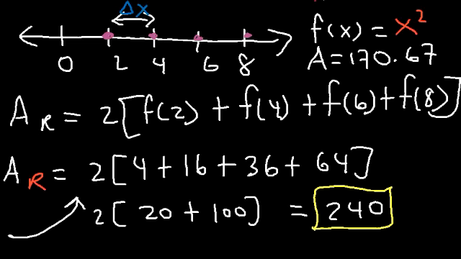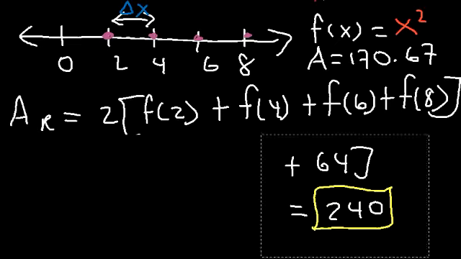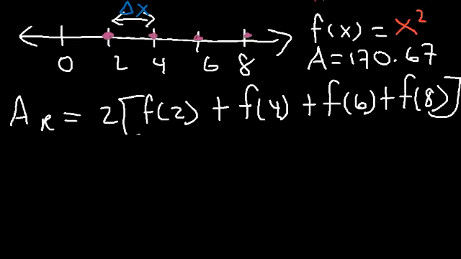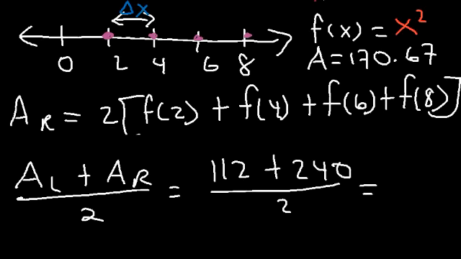Now what's going to happen if we average the two values? Let's say we take the left Riemann sum and add it to the right Riemann sum, divided by 2. So the left was 112, the right was 240, and 112 plus 240 is 352. 352 divided by 2 is 176.